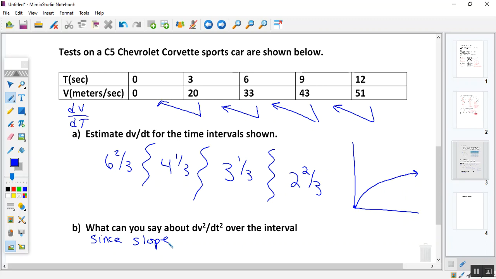So I'm going to say since the slope values are decreasing, the graph is concave down.